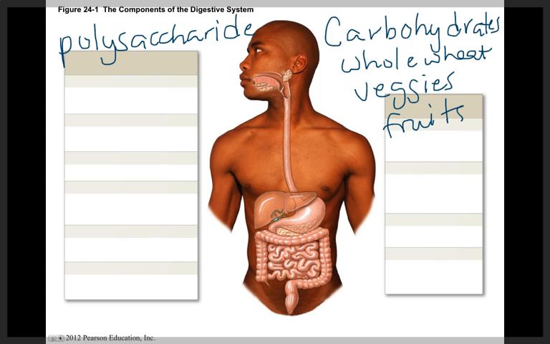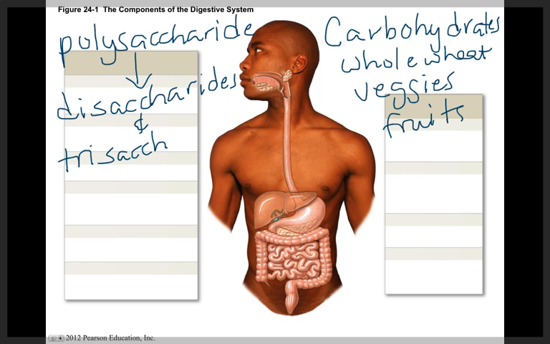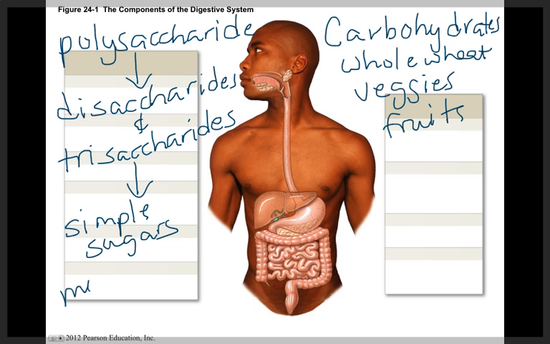And those polysaccharides will get broken down into smaller units, which are called disaccharides and trisaccharides. And then those di and trisaccharides will need to be broken down into very simple sugars, and the simple sugars we call monosaccharides.